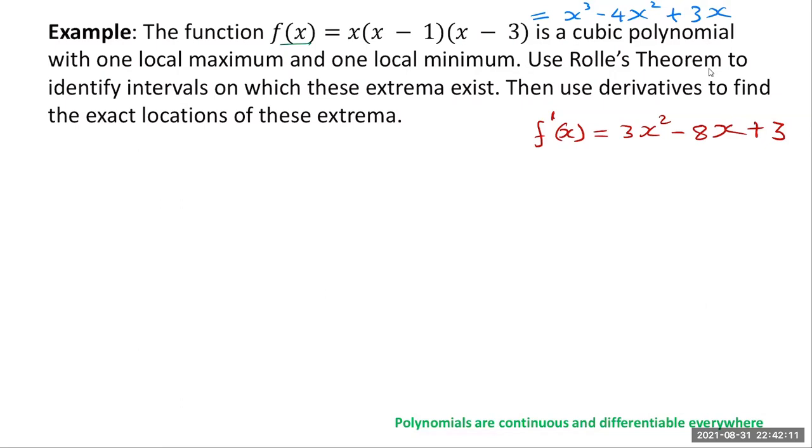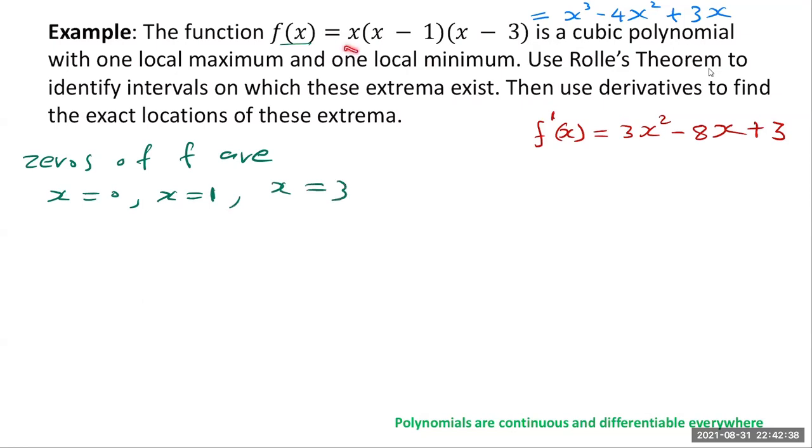Now also notice that the zeros of f are x is equal to 0, x is equal to 1, and x is equal to 3.